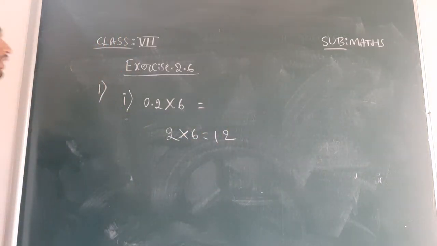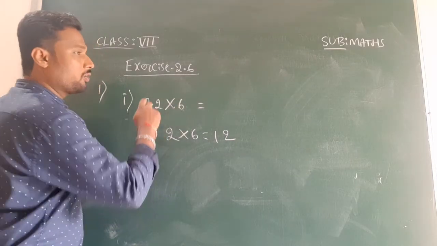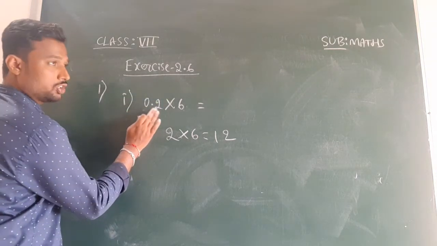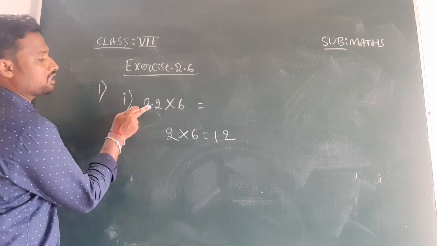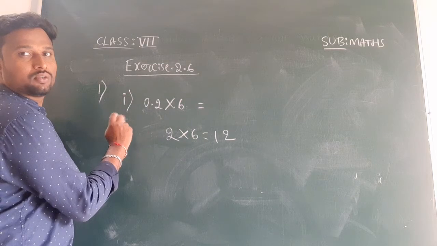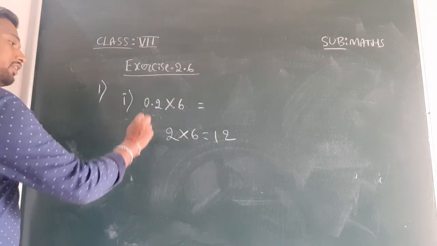And what do you have to do here? In these two numbers, you have to count how many digits there are after the decimal point. In 0.2, after this decimal point, how many digits do you have? Only 1, that is 2. So only 1 digit we have here.